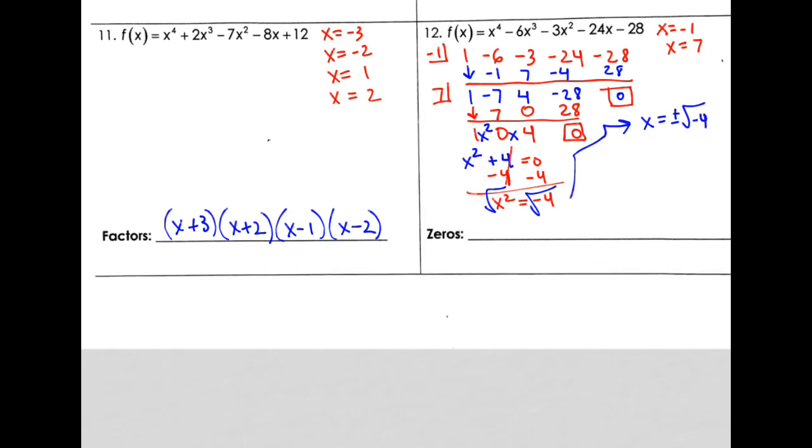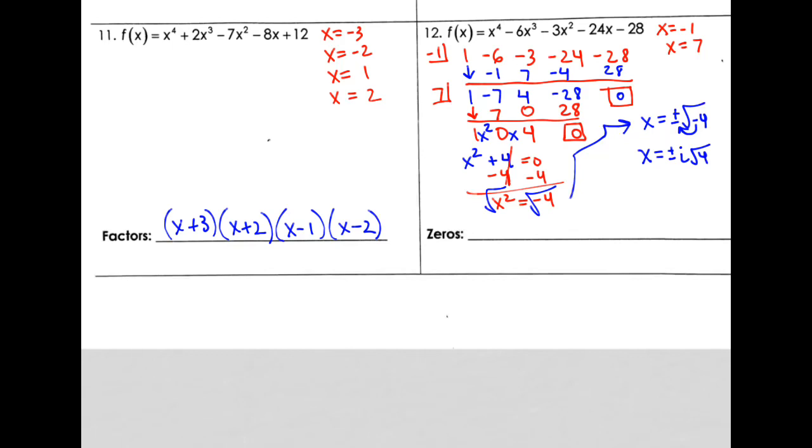Remember, the i has to come out front in place of the negative. That becomes x is equal to plus or minus i radical 4. You can't just leave radical 4 there because the square root of 4 is 2.